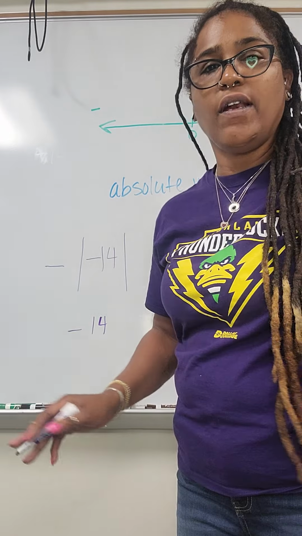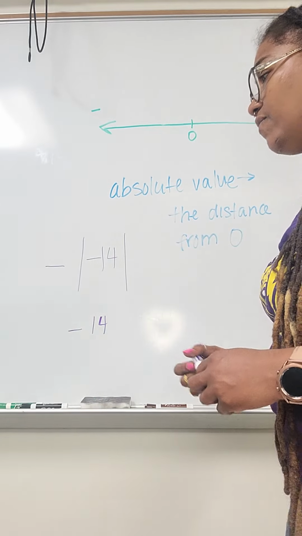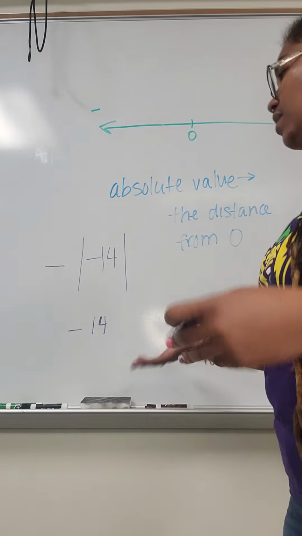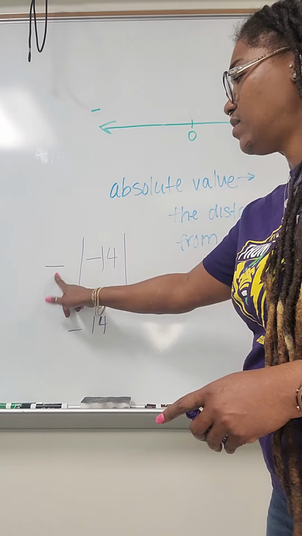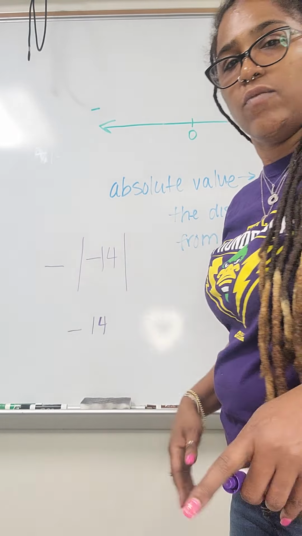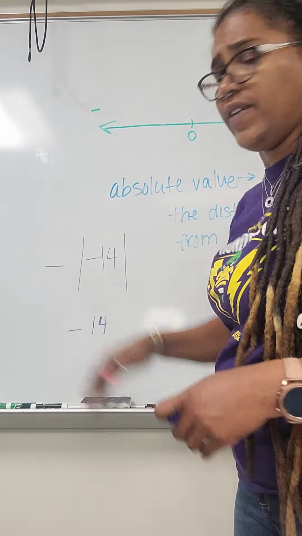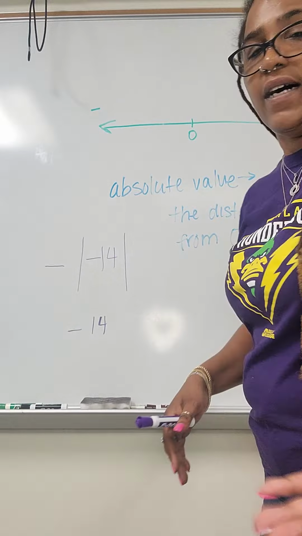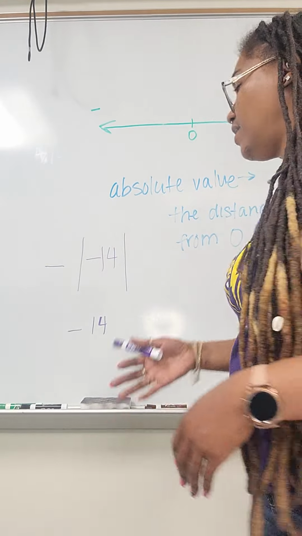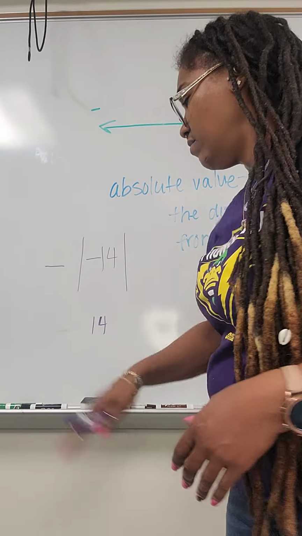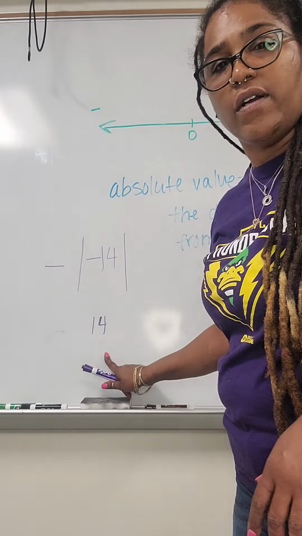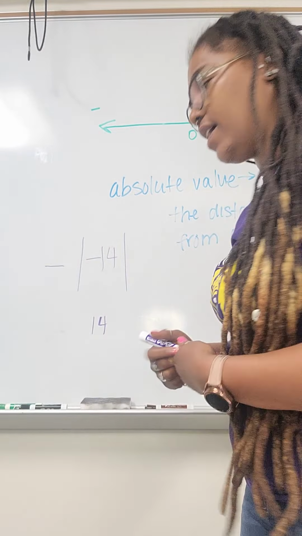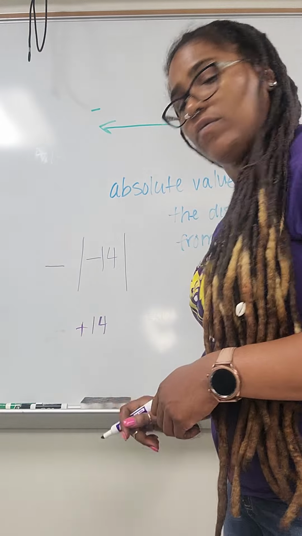We never leave things out. We can't just say, oh, that means it's 14. No, what happened to this negative? And we'll get to why there's an understood value, because you can't just have a floating sign, right? We don't have a floating positive or a floating negative. If your values don't have a sign, we know that they're automatically positive. We don't have to always add the positive symbol.